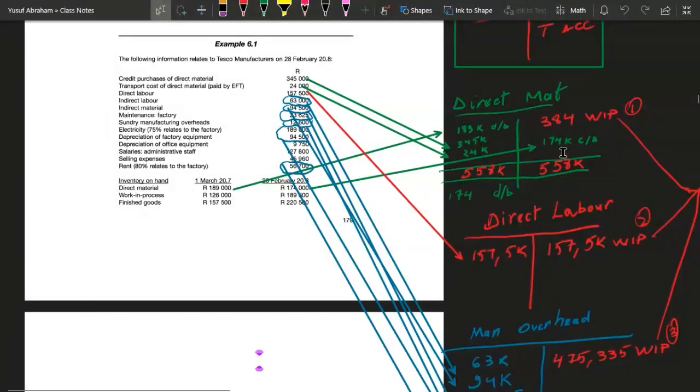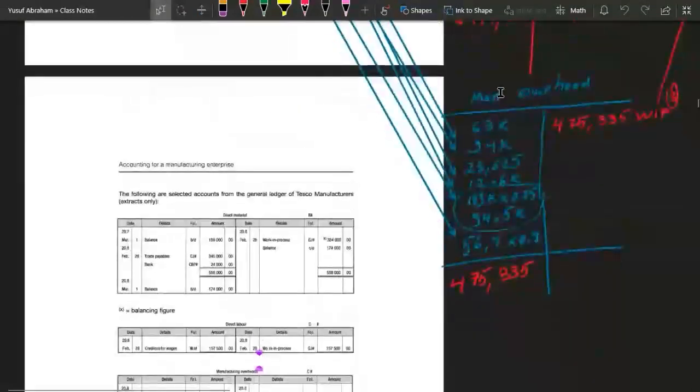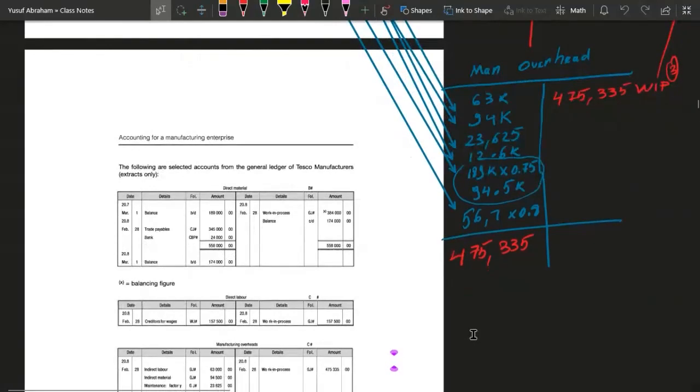So these 384,000 will be sent to your work in process. The direct material, as you see it here, just the way it is, is going to go to the work in process. You're going to add up all the manufacturing overhead. The total is what we are going to send to our actual manufacturing. Does that make sense?